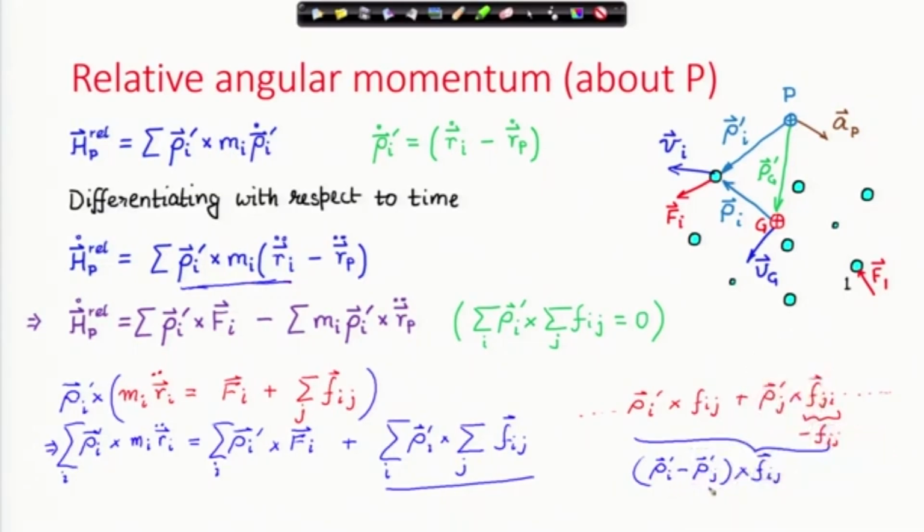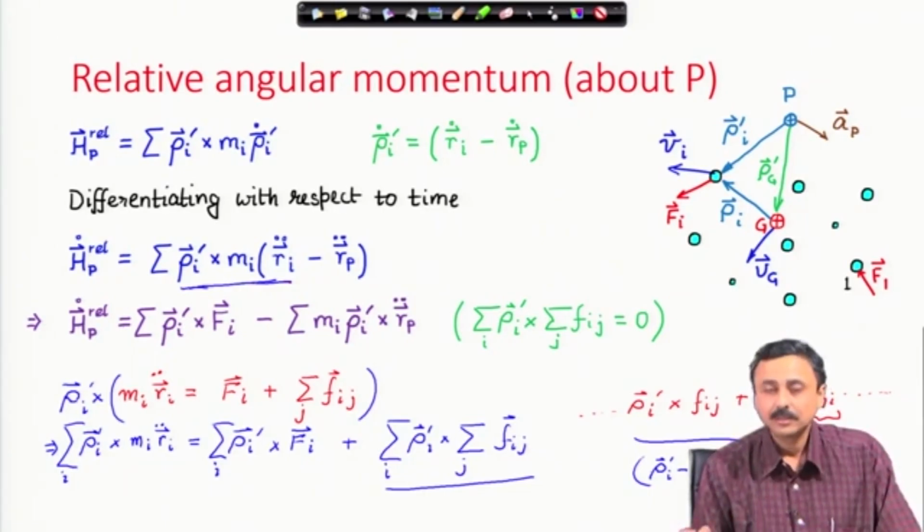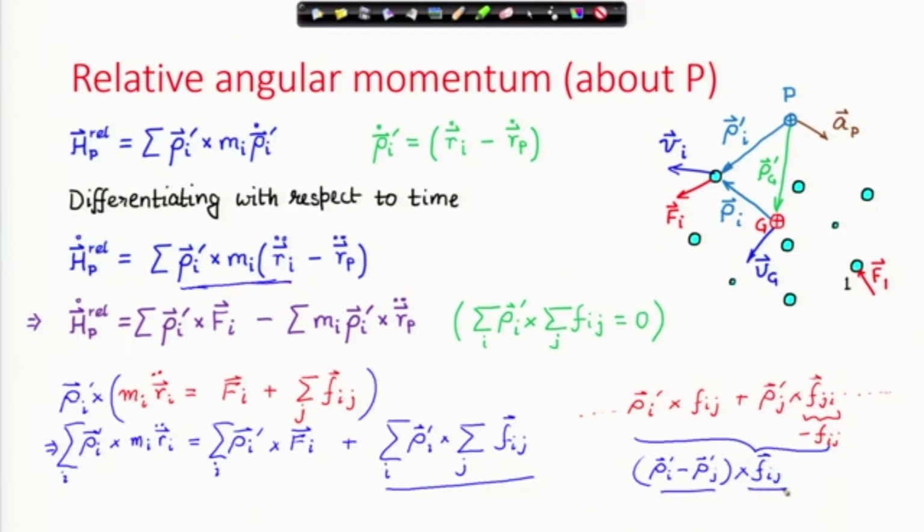F_ij is the force vector from the jth particle acting on the ith particle. Therefore, both are in the same direction, and the cross product is 0. This cross product therefore vanishes once I sum over all i particles, and I am only left with the summation over i of rho_i prime cross F_i. So, this is the term that comes out of that.